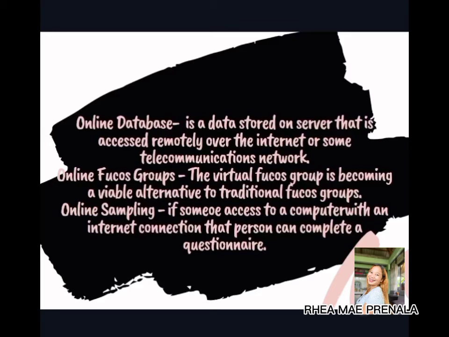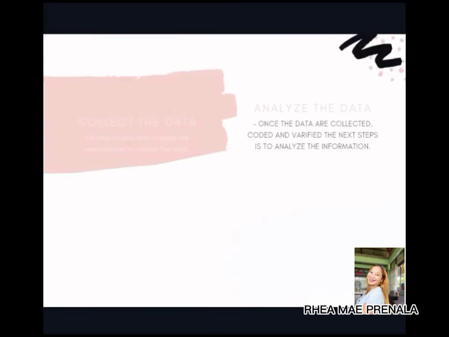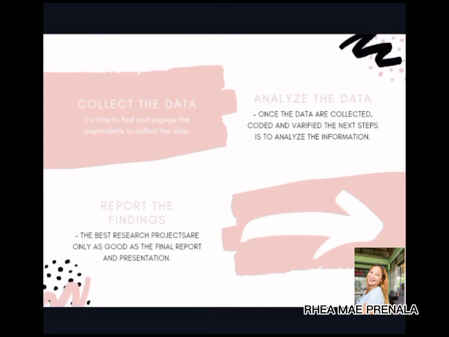The next step is to collect the data. It's time to find and engage the respondents to collect data, because this involves access and distribution of surveys to the respondents, then recording their responses and making the data available.